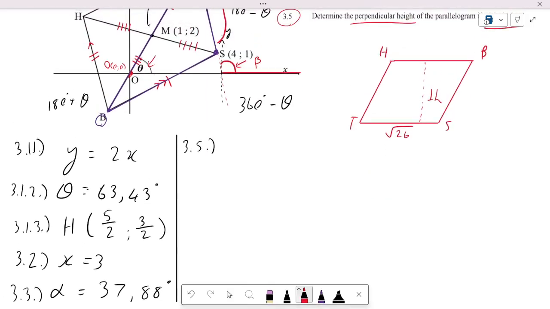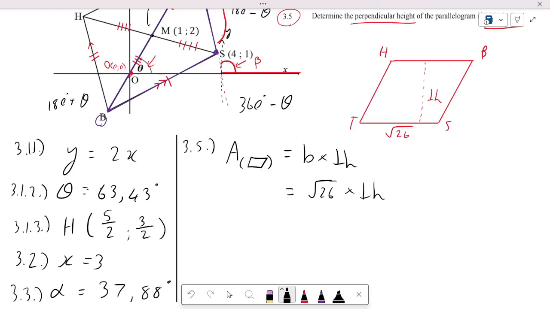We need to use the formula for the area of the parallelogram, which is the base multiplied by the perpendicular height, where the base is TS, so that's root 26 multiplied by our perpendicular height that we want to find.